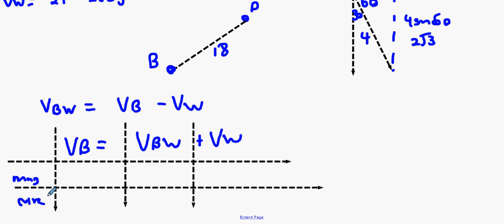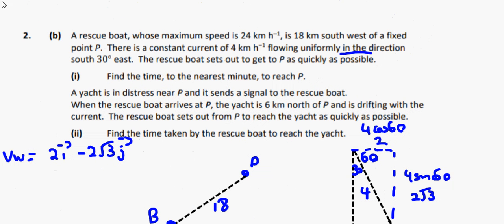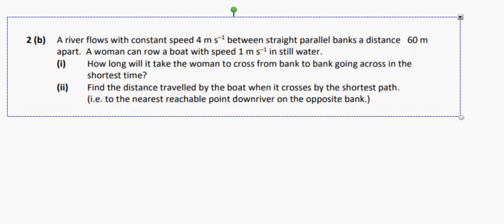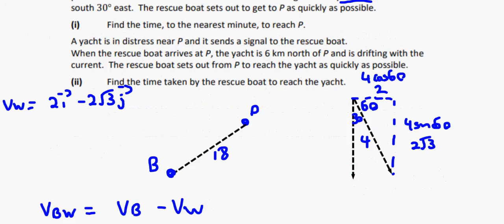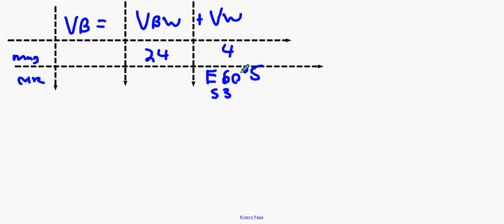How fast can the boat go in still water without any water assist? 24, sorry. You go 24. Okay, we also have the velocity of the water is 4. The direction of the water, I'm going to go for east 60 degrees south. Okay, it's the same thing as south 30 degrees east. They're the same direction.